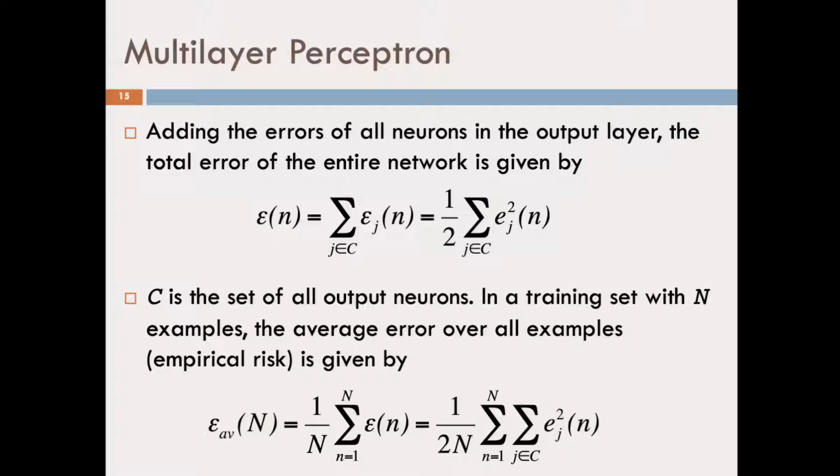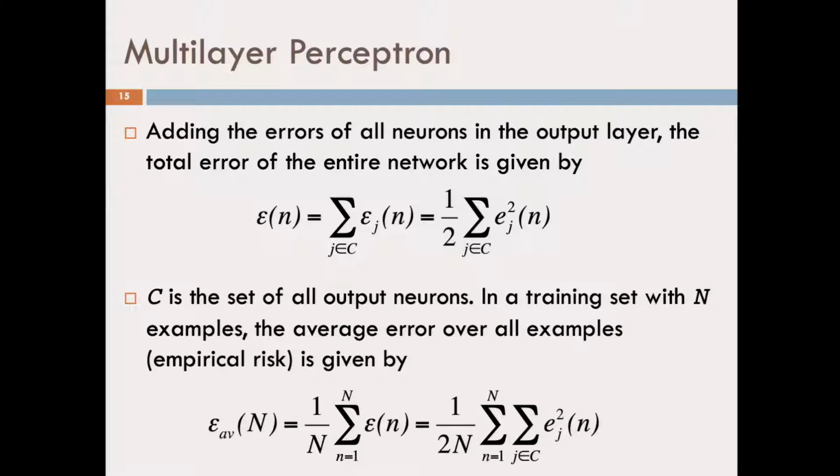Okay, but if we have n examples in our training data set, the average error over all examples, that's what we call here the empirical risk, is going to be given by this. Okay, for each instance, I'm going to calculate its error in all neurons, and I'm going to do this summation for all instances, and make an average here.